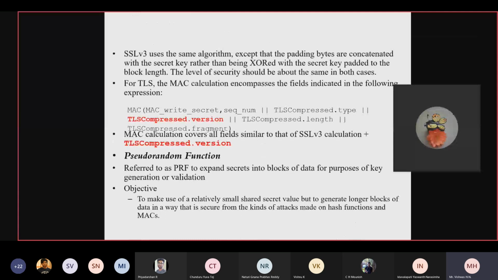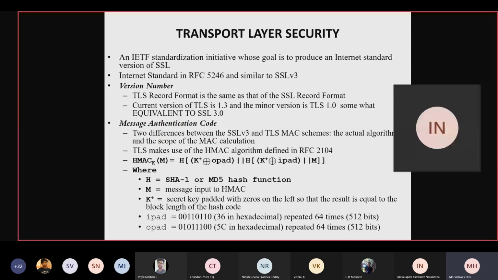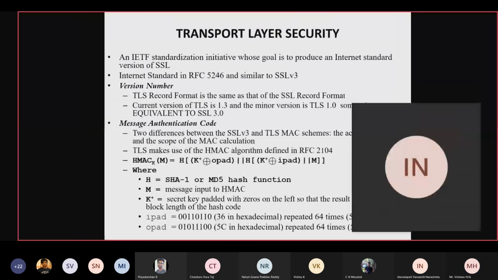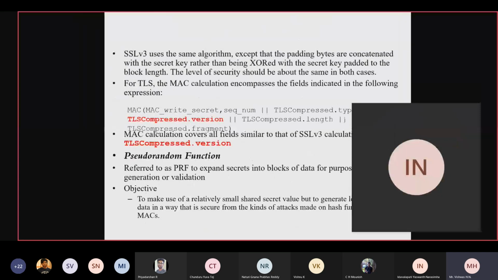SSL version 3 also uses a similar MAC version, sorry, the HMAC version, but the padding bits are concatenated with a secret key rather than being XORed with a secret key, padded to the block length.